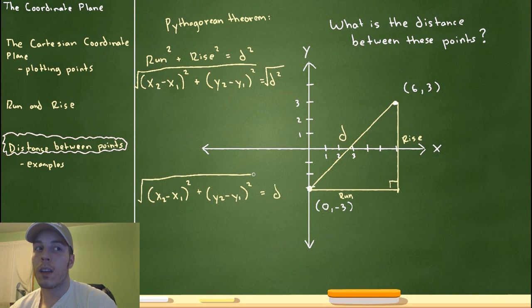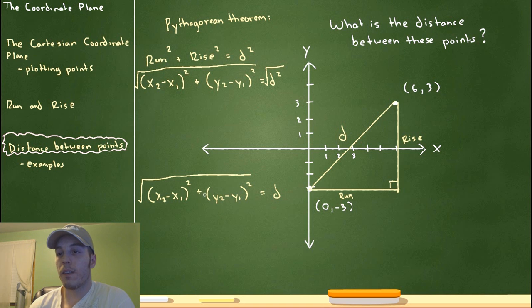Okay, and that's going to give us d. So we follow this formula, and we will have the distance between the 2 points.